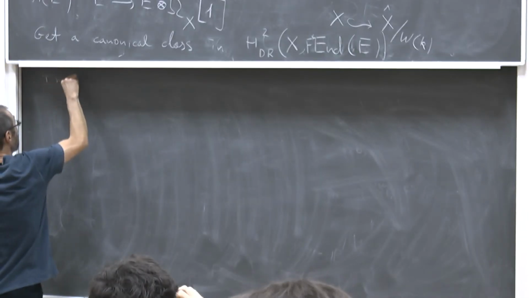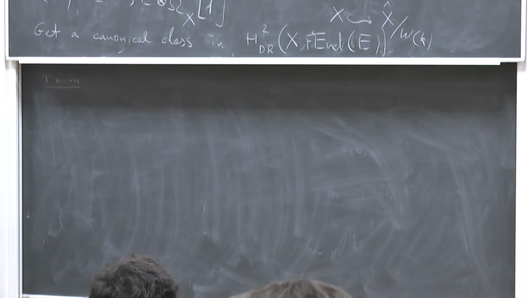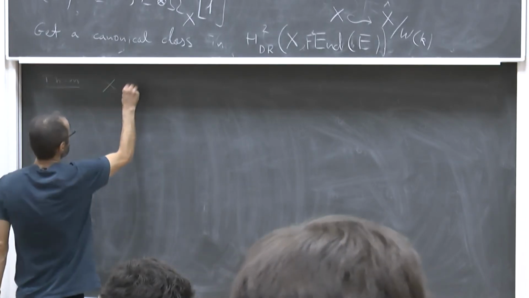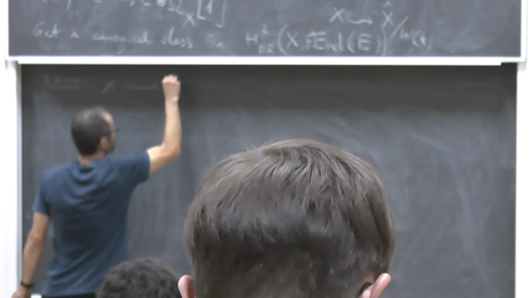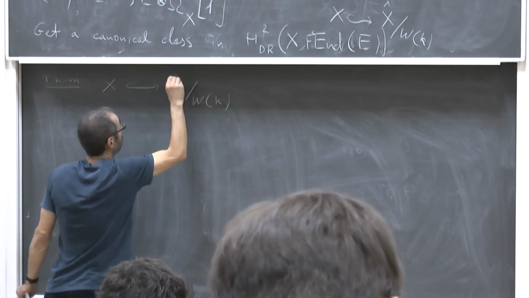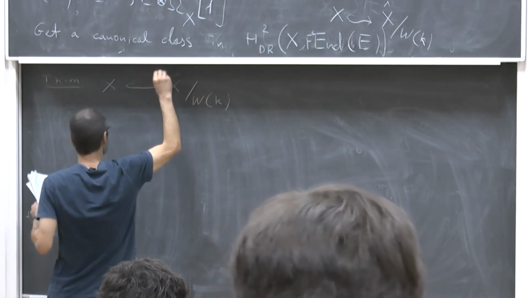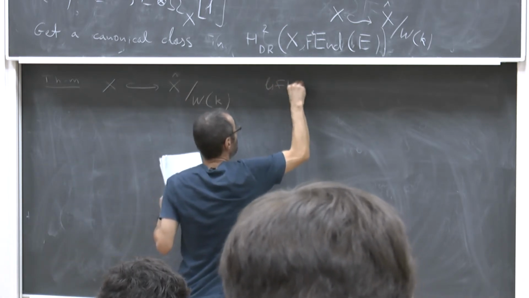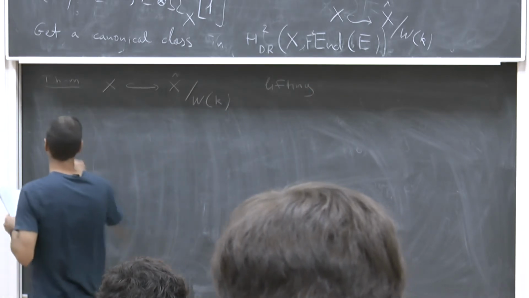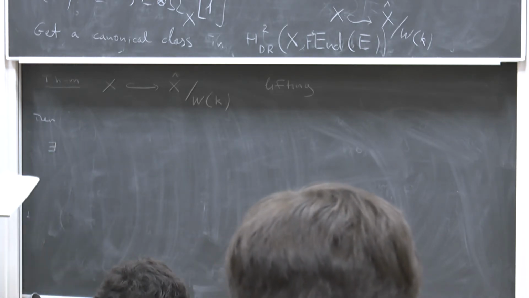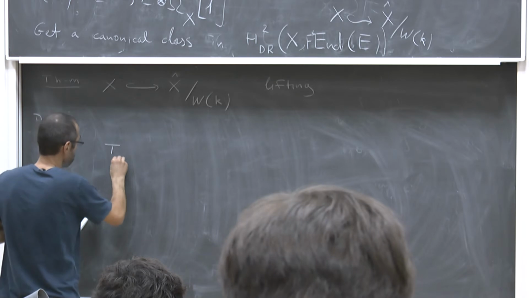Suppose I have a smooth variety X together with a lifting of X over W. Then there exists a functor which I want to call T.